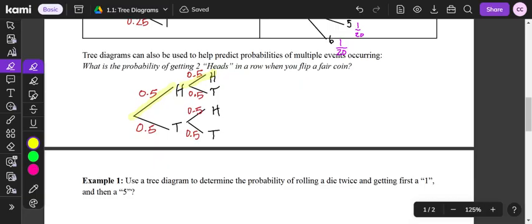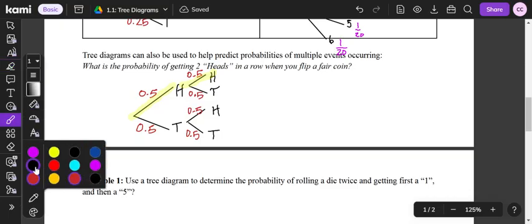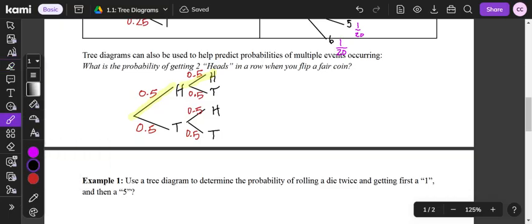All right. Now, if you caught what I just said, maybe you had a really good math teacher way back in the day that taught you what the word "of" means in math. When I say 50% of 50%, that means I'm multiplying those two together. So, in other words, I could say the probability of getting two heads is equal to 0.5 the first time times another 0.5 for the second time.